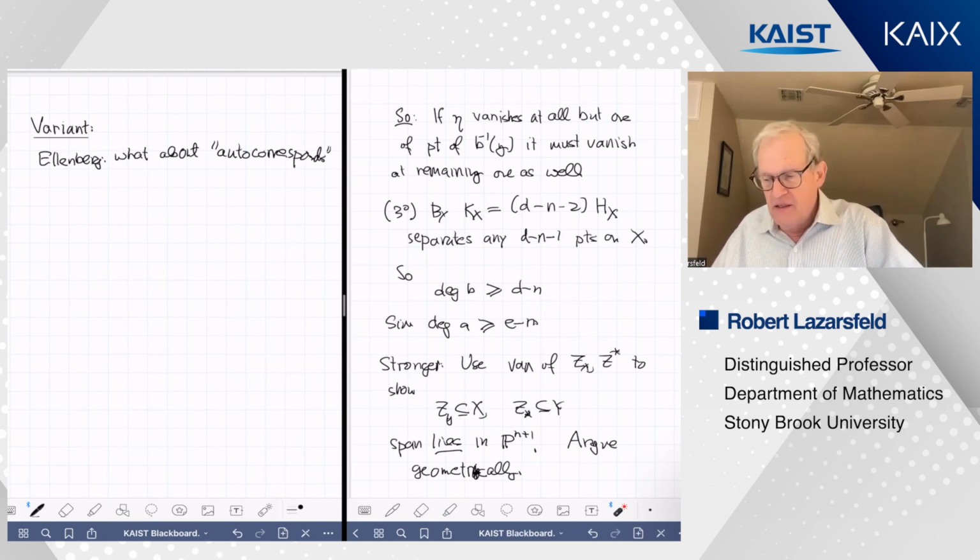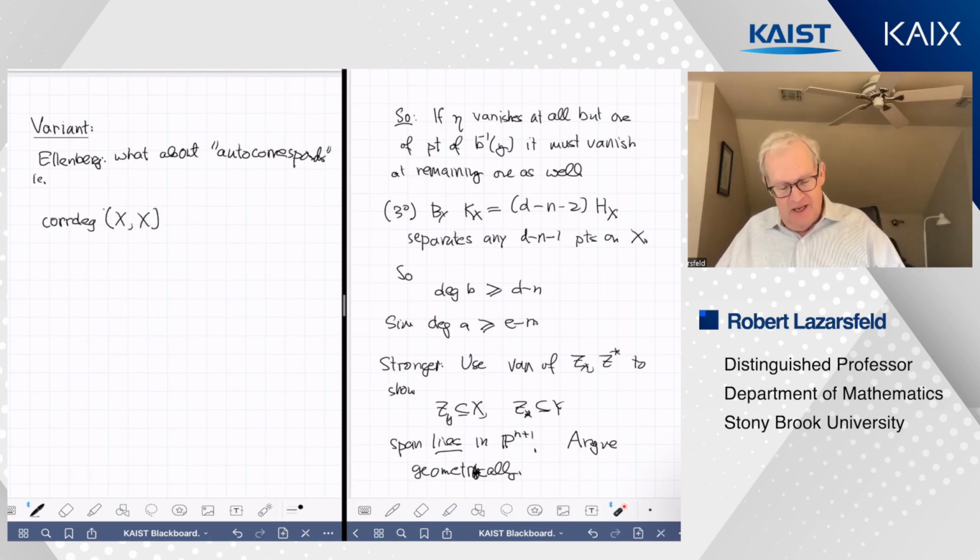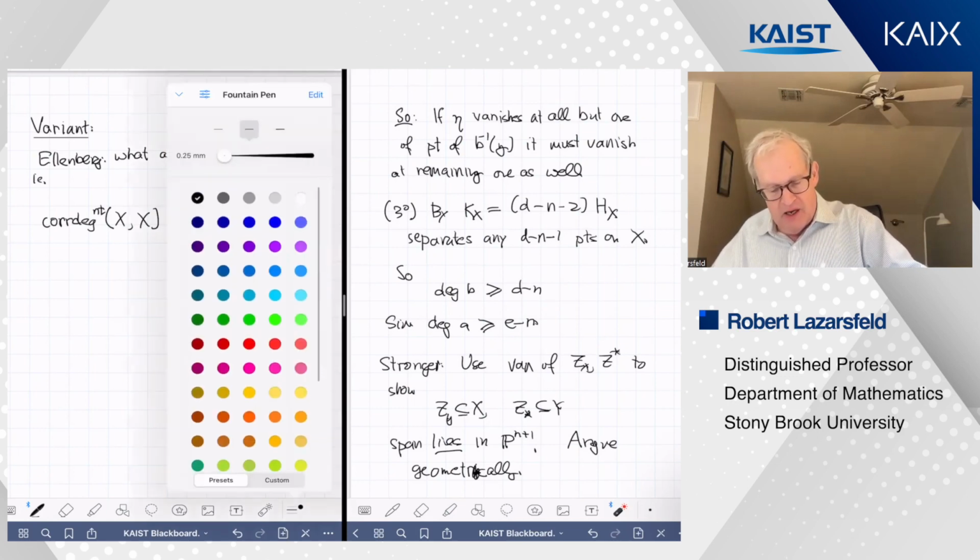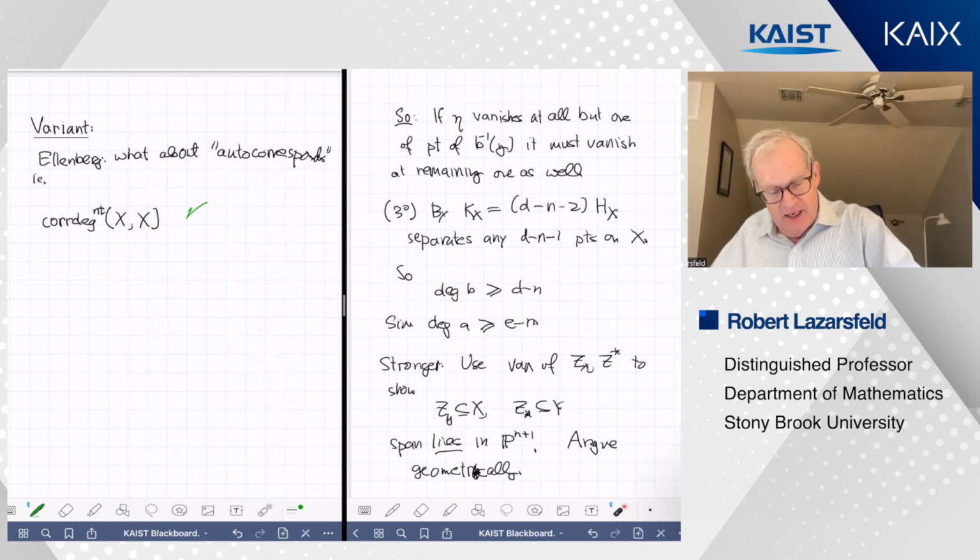So in other words, let's look at the correspondence degree of X with itself. Now, obviously, this is kind of silly because for X you can just take the identity. So we should put a little condition there: we look at correspondences where you exclude the diagonal.